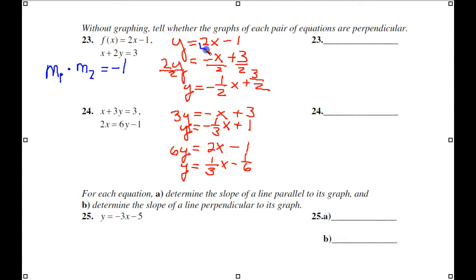Our slope for that first equation is a 2. Then I solve for a positive y here. I get y is equal to a negative 1/2. So if I multiply 2 times a negative 1/2, that gives me a negative 1. So yes, this is perpendicular.